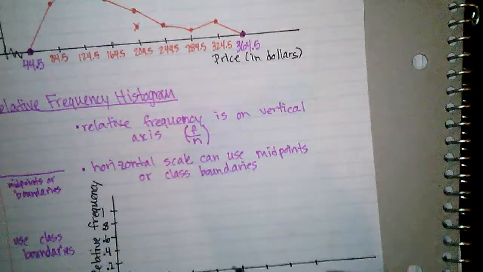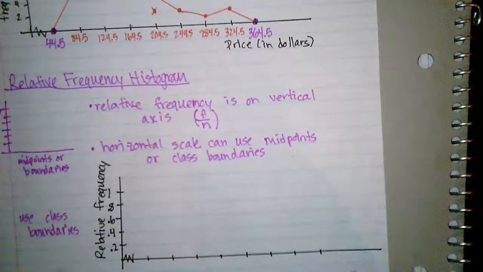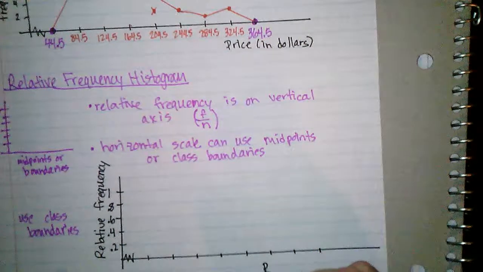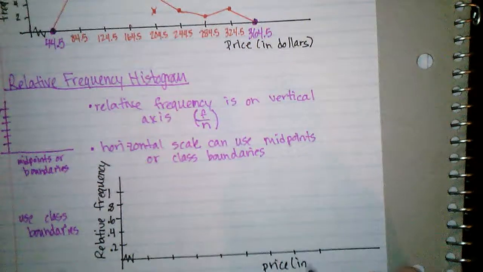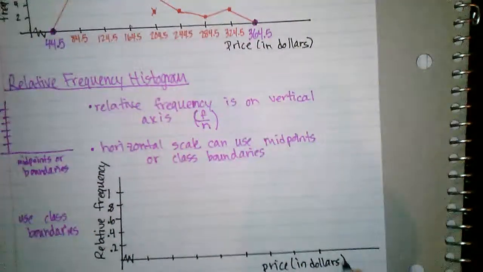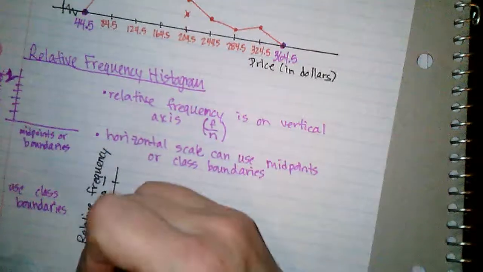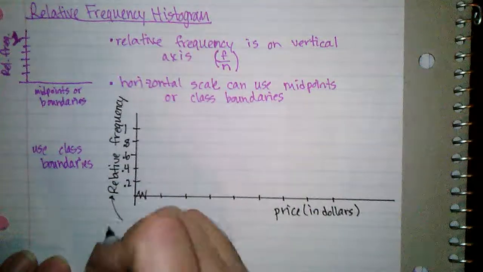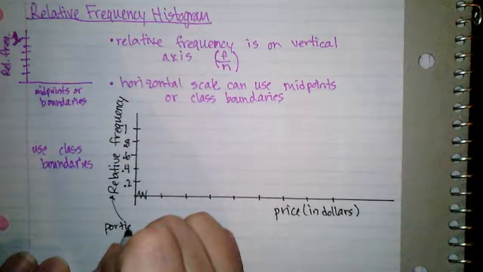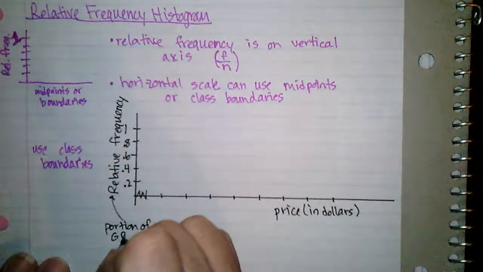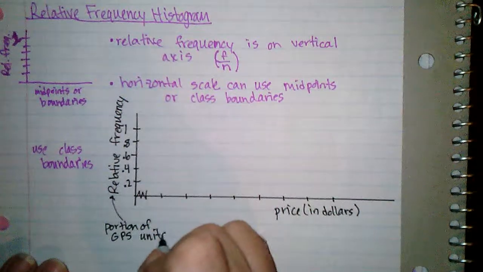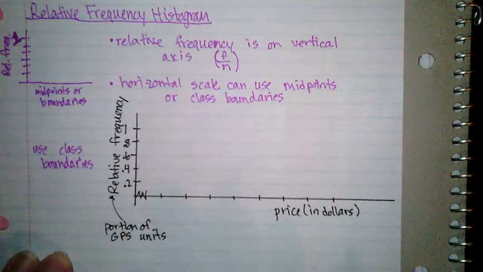And we'll label this price in dollars. And relative frequency, another way of thinking about it is that it's going to be the portion of GPS units rather than the number of GPS units in each of those price zones.